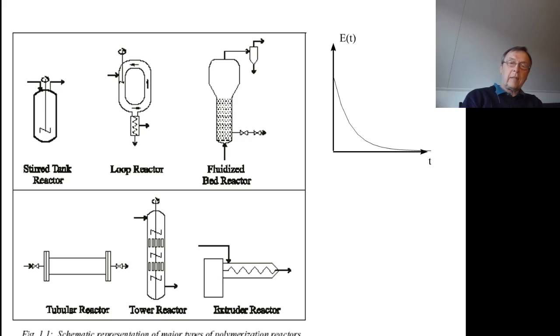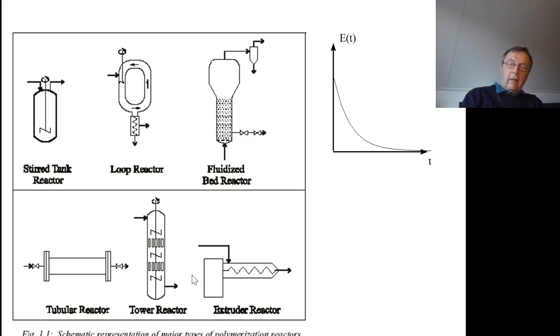That means there is an exponential decay in the probability for the molecules to stay inside these reactors. And although these three reactors shown here in the upper part of the slide look so different, their residence time distribution is very similar. It follows this exponential decay.